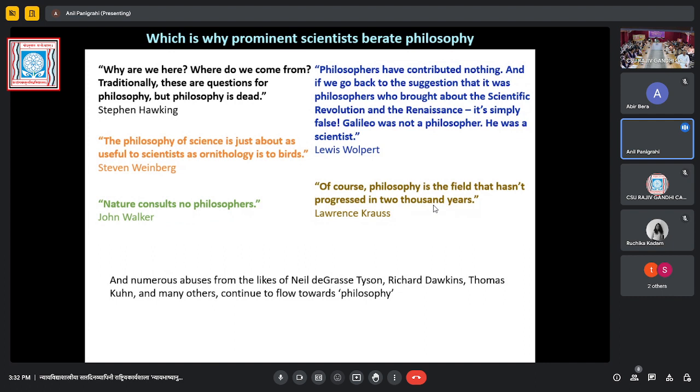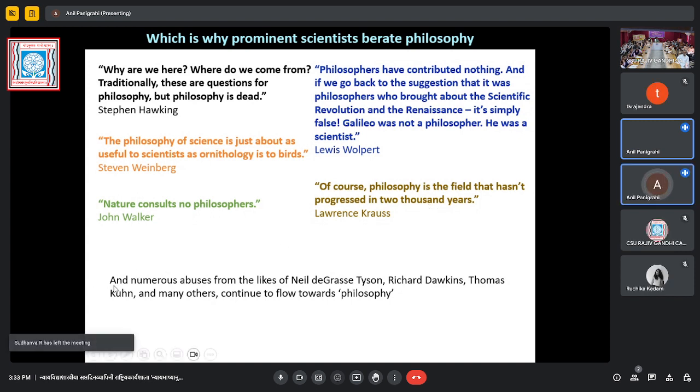Maybe that was the ultimate, the maximum that we can reach, and science has not reached there. That is one way of looking at it. And there are many other very prominent scientists who berate philosophy very negatively.